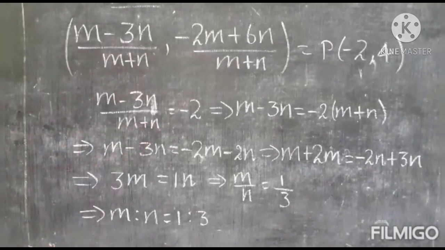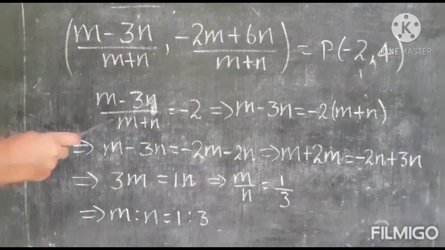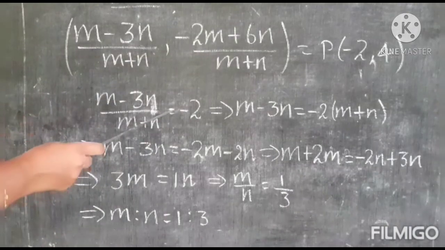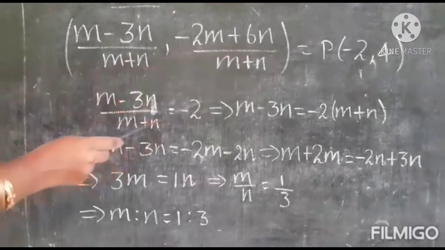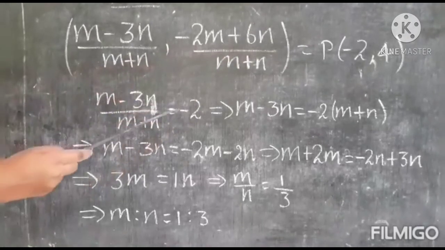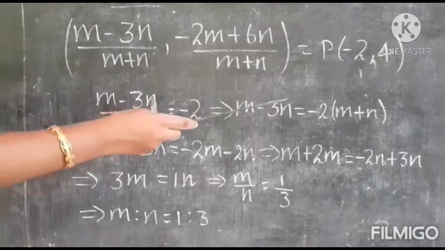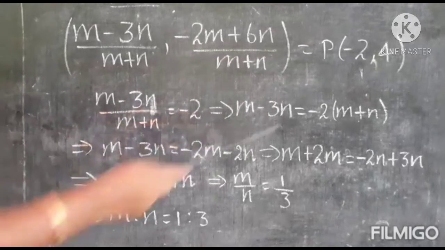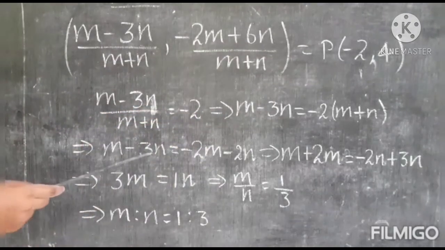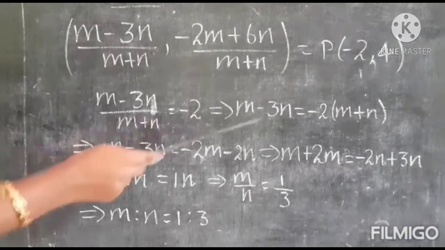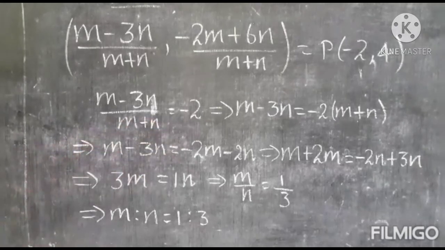Equating the x coordinates, we get (m minus 3n) by (m plus n) is equal to minus 2, which implies m minus 3n is equal to minus 2 into (m plus n), which implies m minus 3n is equal to minus 2m minus 2n.